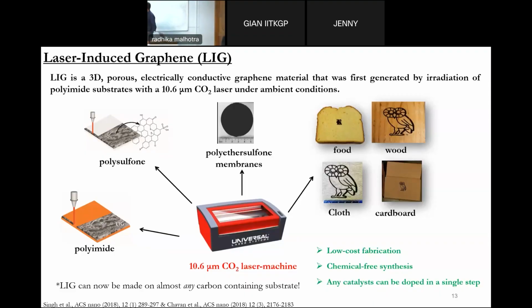Here you can design. For example, look at this owl structure, just imported from another source and printed on the cloth. Any kind of pattern you can make on this.